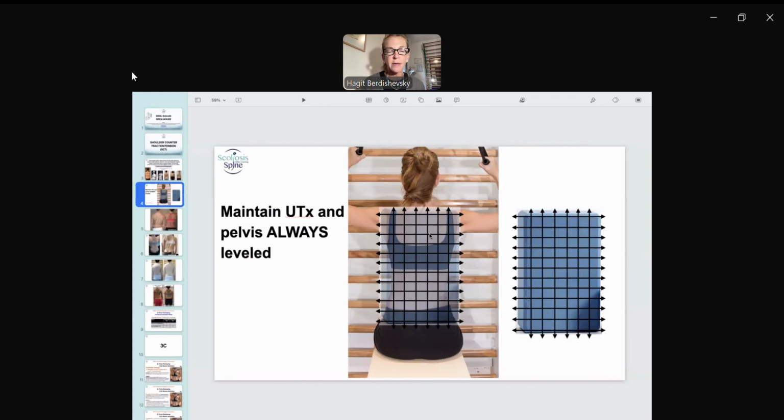So then come the shoulder counter traction or tension, in order to control the compensation that will appear, we see it, and assist the patient to maintain the lumbar stable, the thoracic stable, and the upper thoracic stable. So we're going to go over that.